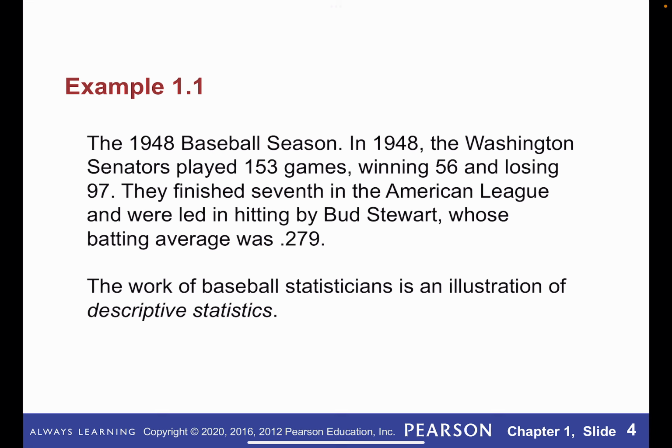So the baseball statistician, whoever was working at that time, would have put all this together. And so here's an example of descriptive statistics, because this data is not being used to make a decision or draw a conclusion. It's just summarizing the baseball season.